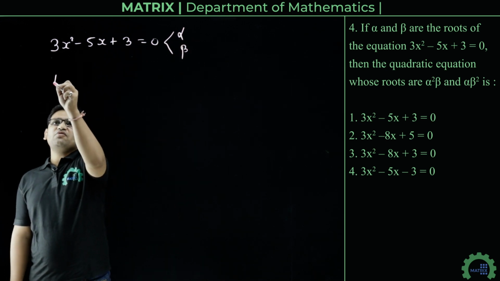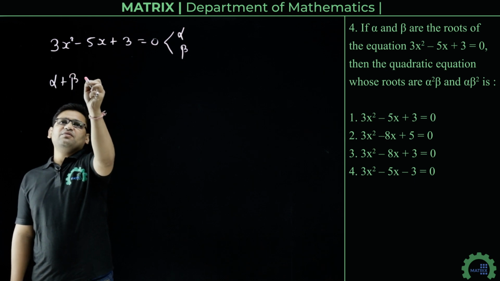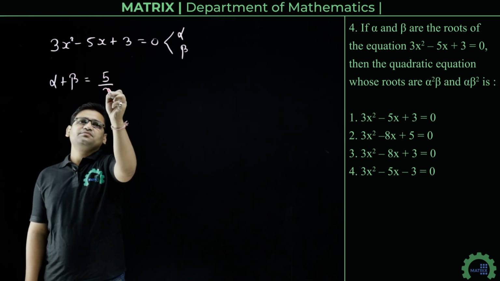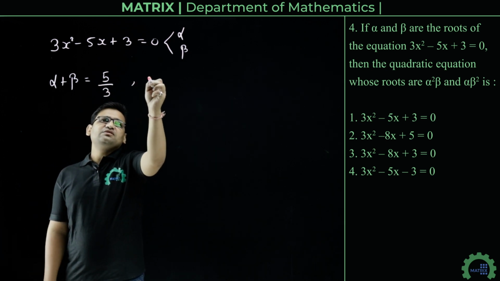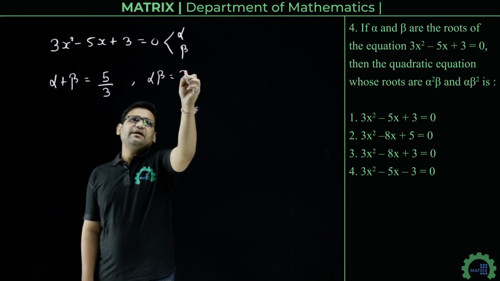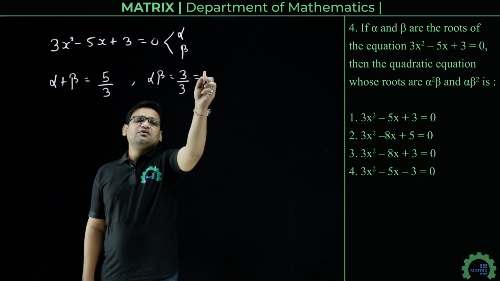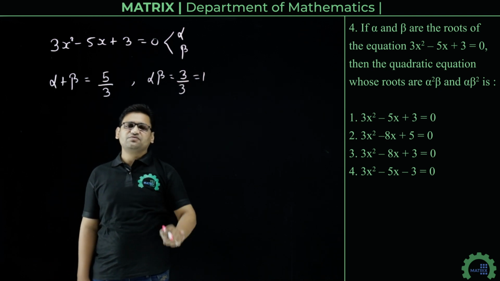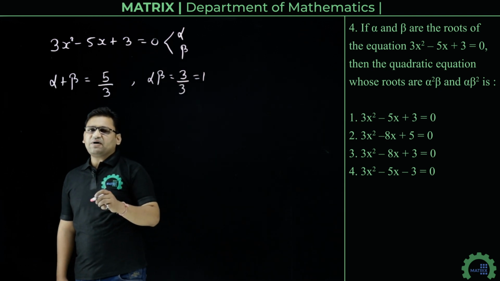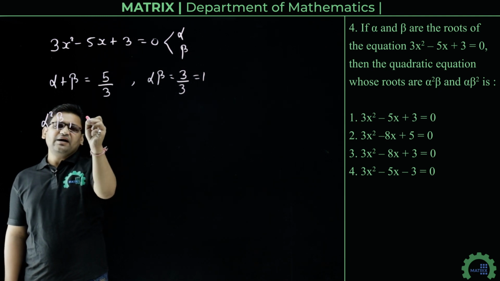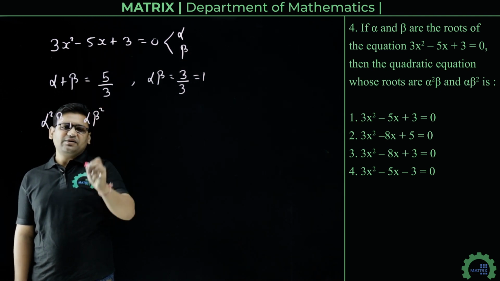We know that sum of roots alpha plus beta will be minus b by a, that is 5 by 3, and product of roots alpha beta is c upon a, that is 3 by 3, that is 1. So sum of roots alpha plus beta is 5 by 3 and product of roots alpha beta is 1.